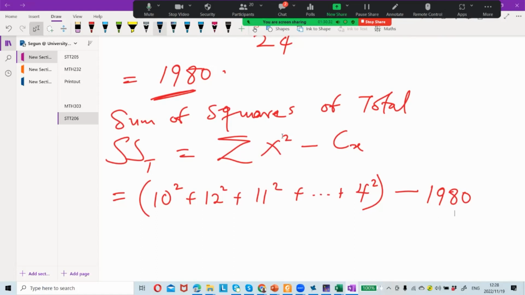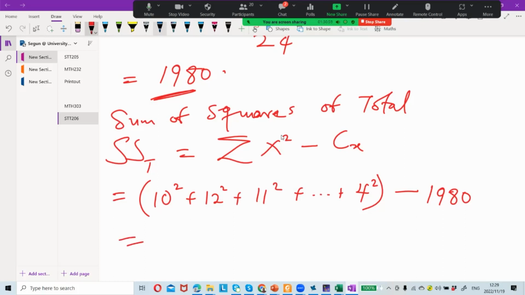Don't bother yourself for now. Let's just stick to 1980. Is that okay? Okay, sir. Thank you, sir. But when you are solving your own in exam, you are lucky they give you this. Use the point too. I'm just using it to explain.